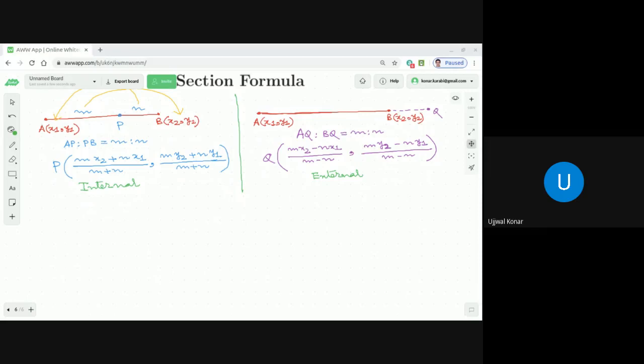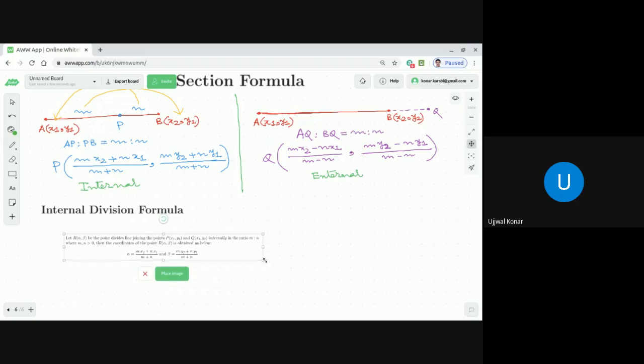But as far as our entrance exam is concerned, those derivations are not very important. What is important is that you remember the formula. So now, dear students, let me formalize the discussion I mentioned.